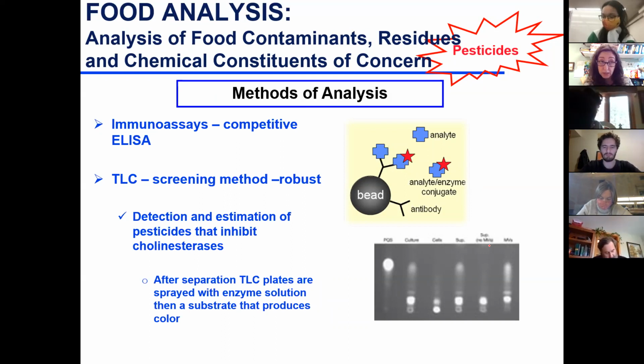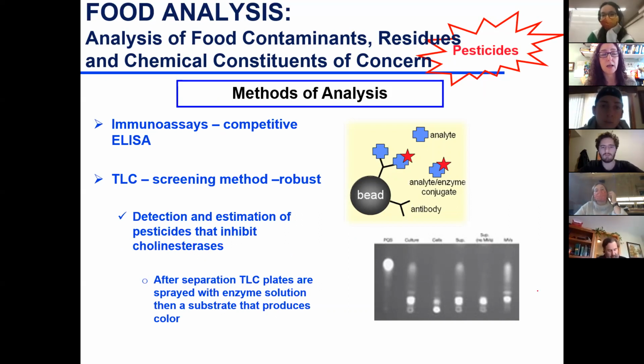We can do screening by thin layer chromatography, especially for pesticides that actually inhibit a specific enzyme in insects or pests, which is cholinesterase. So if you have pesticides that inhibit this enzyme, what you would do is extract your sample, and run different samples on each lane.